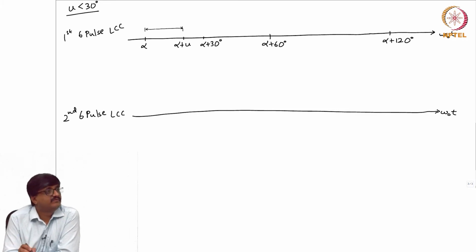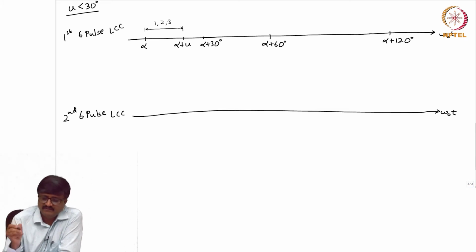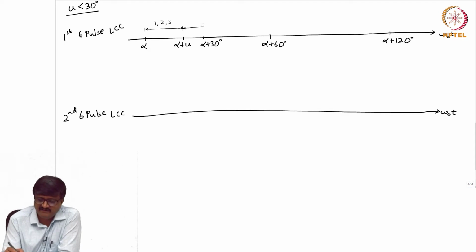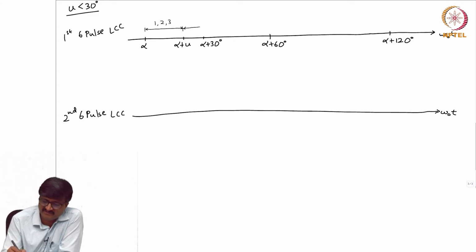1, 2, 3. Alpha plus u to alpha plus 30. In fact, I need not show separately alpha plus u to alpha plus 30 and alpha plus 30 to alpha plus 60. I go up to this point.